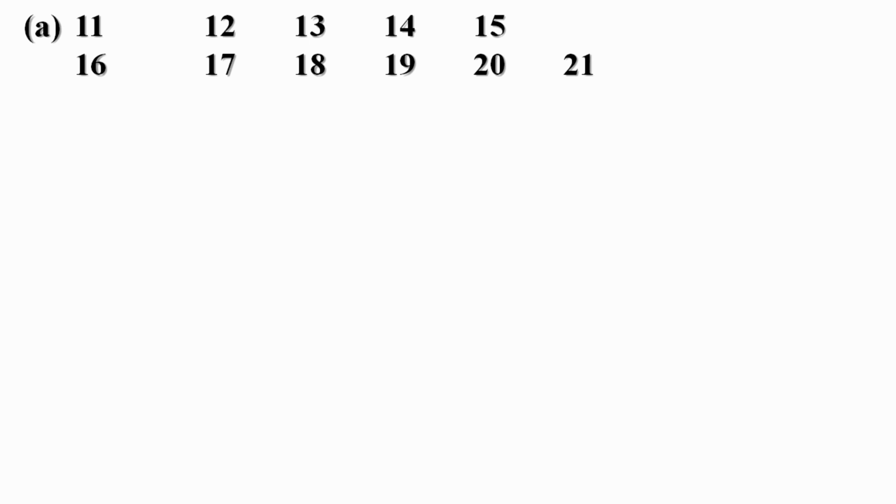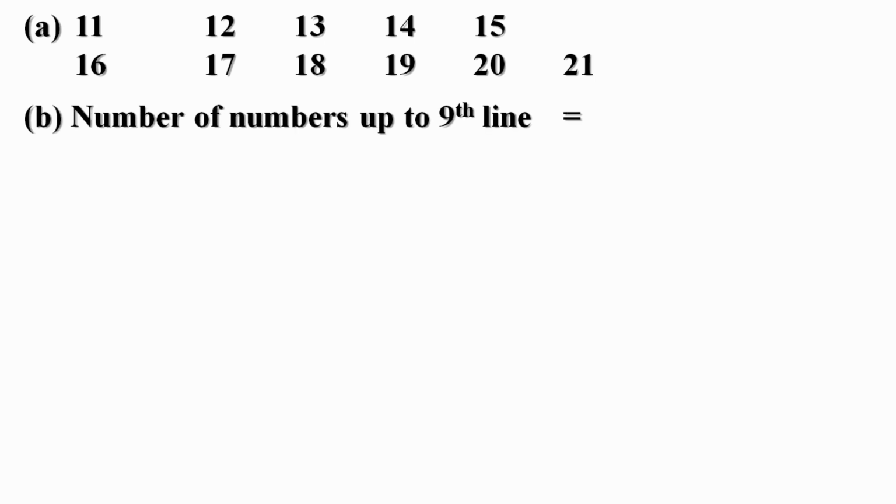We have seen that in the first line there is only one number, in the second line there are two numbers, and in the third line there are three numbers. Like that, in the 9th line there will be 9 numbers, and the natural numbers are written in order starting from 1. So the total number of numbers up to the ninth line equal to 1 plus 2 plus 3 plus up to 9, and that is equal to 9 into 10 by 2, and that is equal to 45.